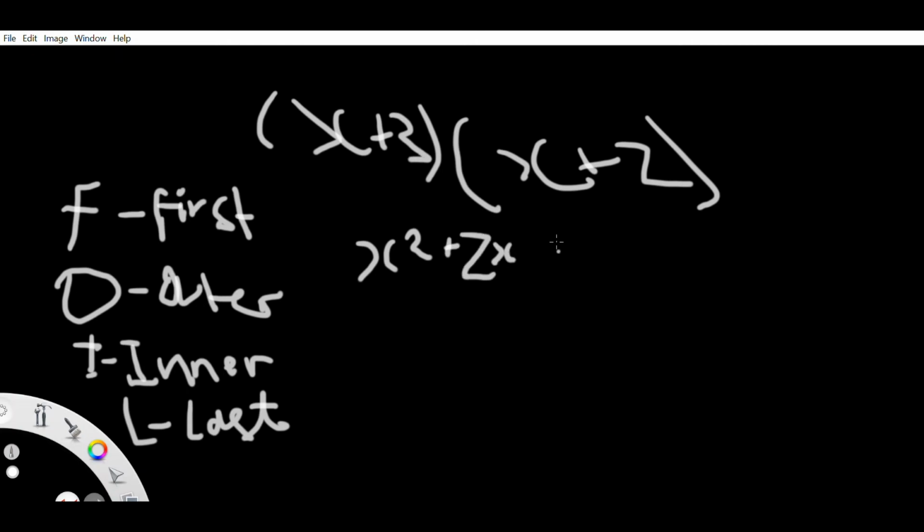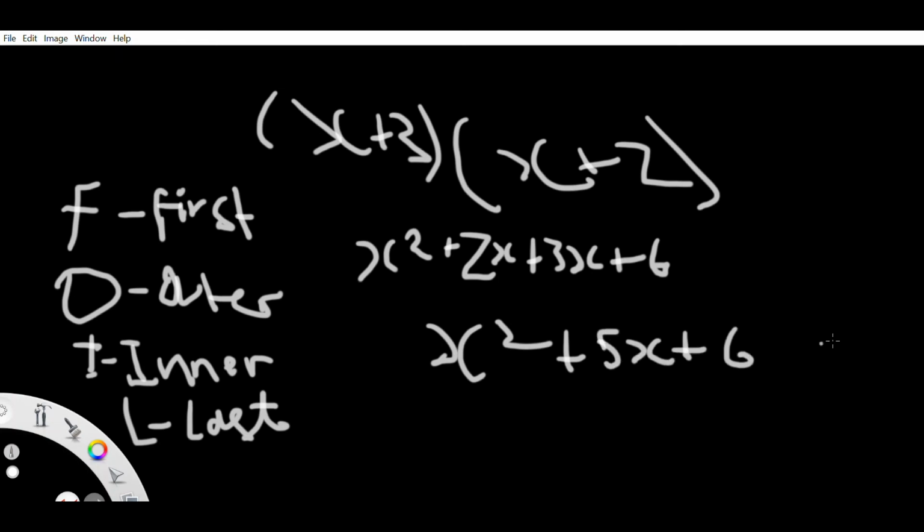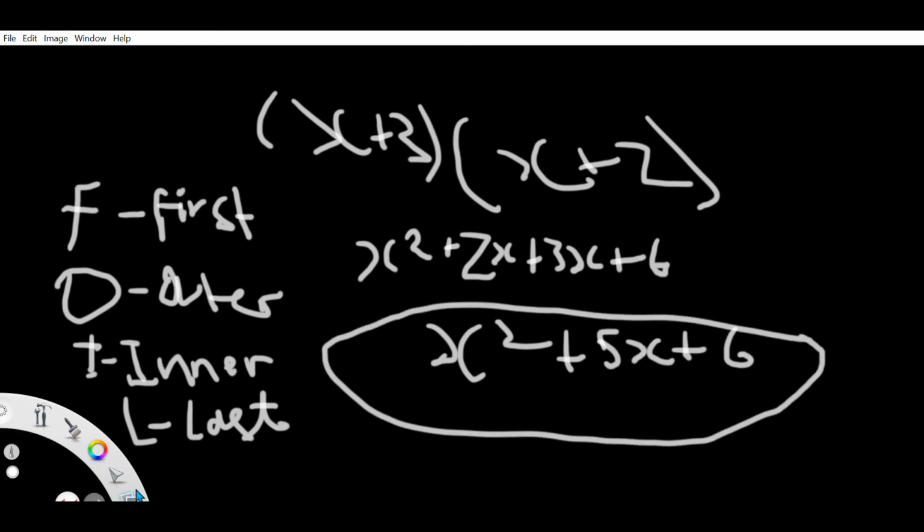Then you multiply the two inner terms, which is 3 and x. And then you multiply the last two terms, which is 3 and 2, which is 6. Now you can simplify to get x squared plus 5x plus 6. And that's an example of a trinomial since it has three terms.